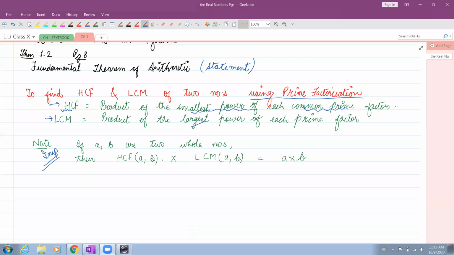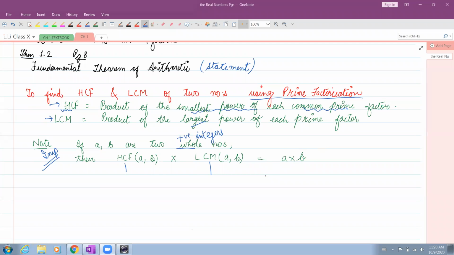So if we have two whole numbers means आपकी बुक में इसको ऐसे लिखा हुआ है पॉजिटिव इंटीजर्स. सो अगर आपके पास कोई दो पॉजिटिव इंटीजर्स हैं, होल नंबर्स हैं, the HCF of those two numbers multiplied with the LCM of those two numbers will give you the same answer as the product of the numbers.